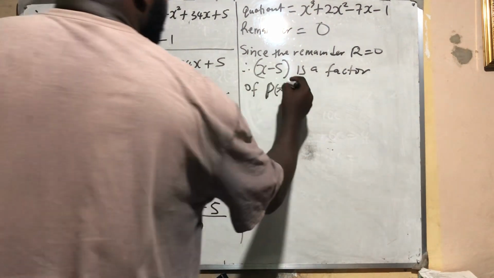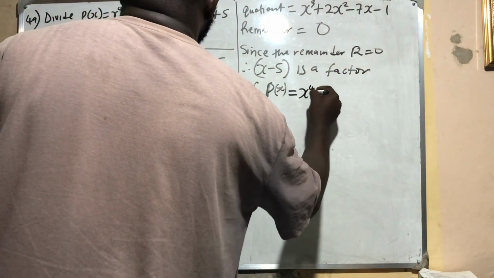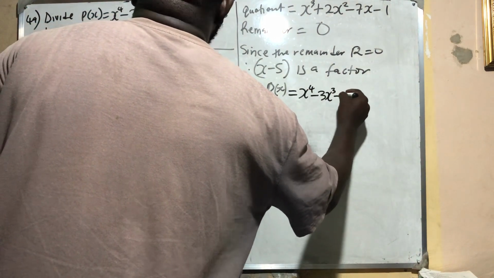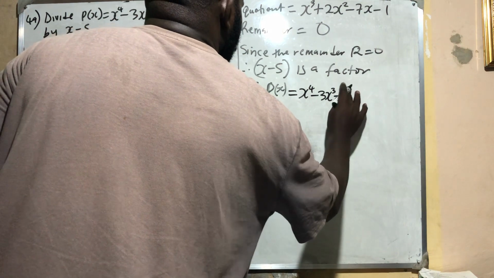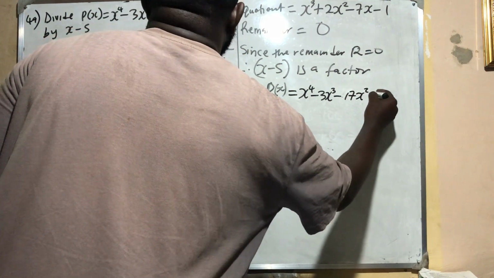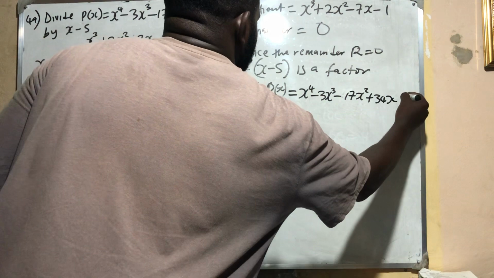And what is p of x? P of x is equal to x raised to power 4 minus 3x raised to power 3 minus 17x squared plus 34x plus 5.